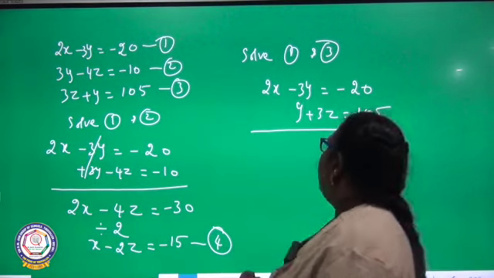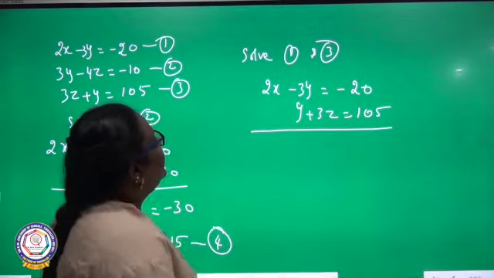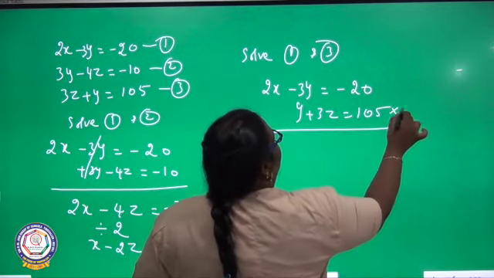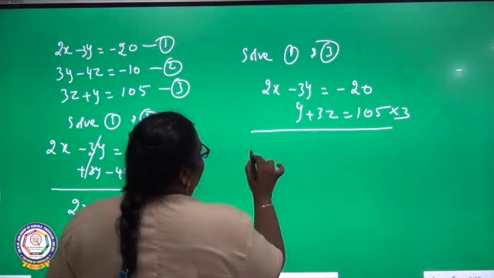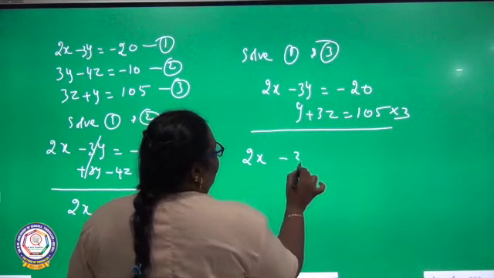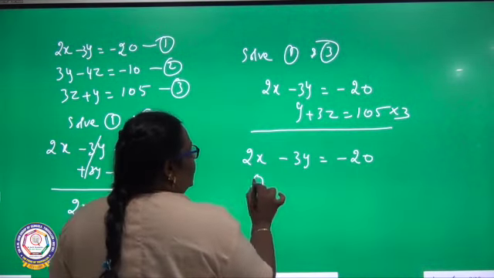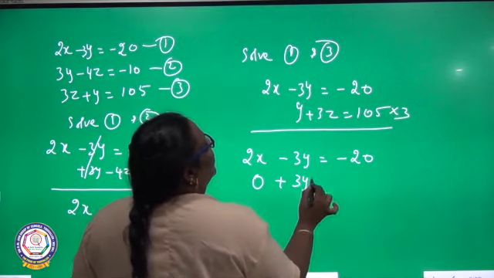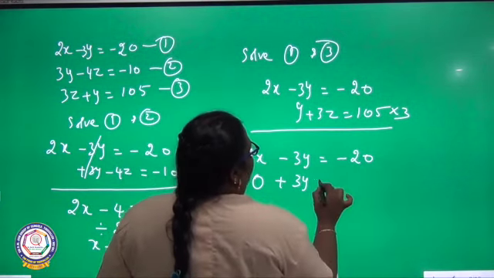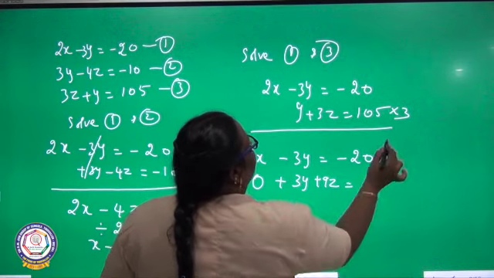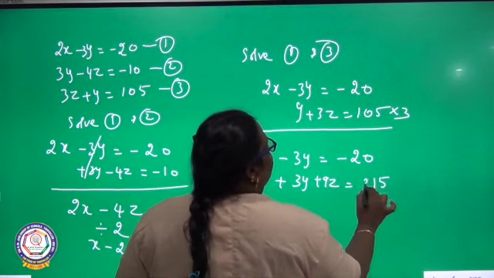Multiply the given equation by 3. So you can get 2x minus 3y equal to minus 20, and 3y plus 9z equal to 5 3s are 15, 315.